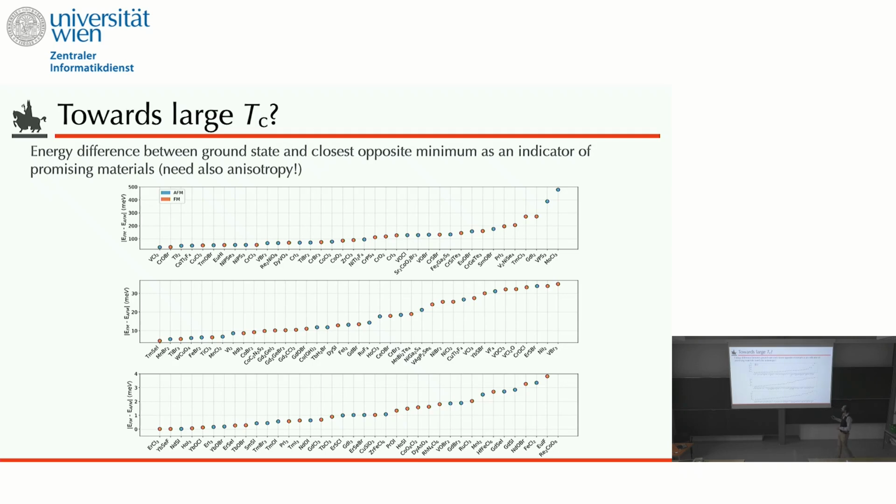And this is just a ranking of the insulating materials that we have. So in this respect, these materials could be the most promising ones, even though, of course, this difference is just a measure of the exchange parameters. And of course, it's not the whole story, especially in 2D, because we need information about anisotropy. So if we really want to give information to experimentalists, we need something more sophisticated.